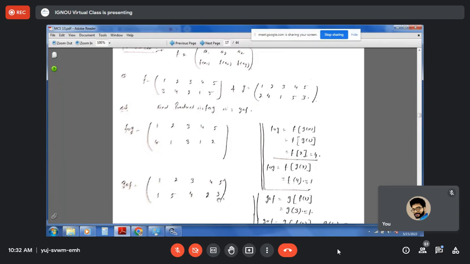Sir, can you please explain the right hand side of the composition? The right side with the double line, between the two solutions? This is not for you.